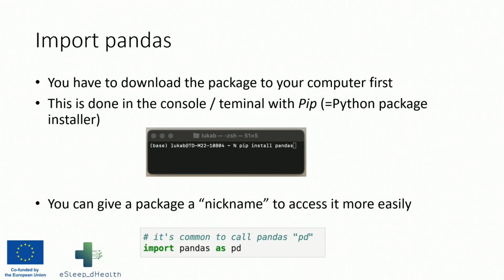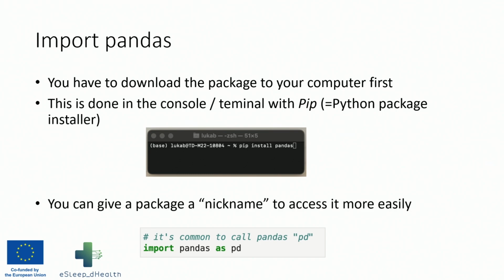If that doesn't work for you, you can also stay in your notebook that is open and then write an exclamation mark and then repeat the same code as in the terminal window. It should do the same job. It's also explained in the notebook itself.